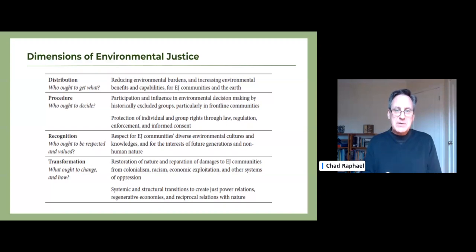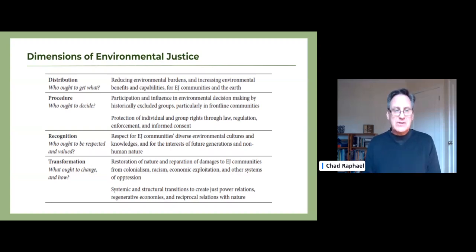And that was really the main focus of the early EJ movement in the 1980s in the United States. And we think that focused on, for example, inequitable siting of toxic facilities. So here, environmental justice means reducing environmental burdens and increasing environmental benefits and capabilities for EJ communities that have for too long been saddled and overburdened with the burdens and denied the benefits, and for the earth.